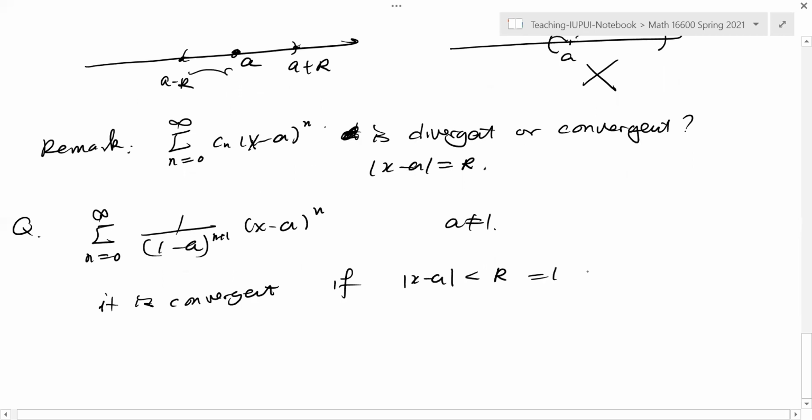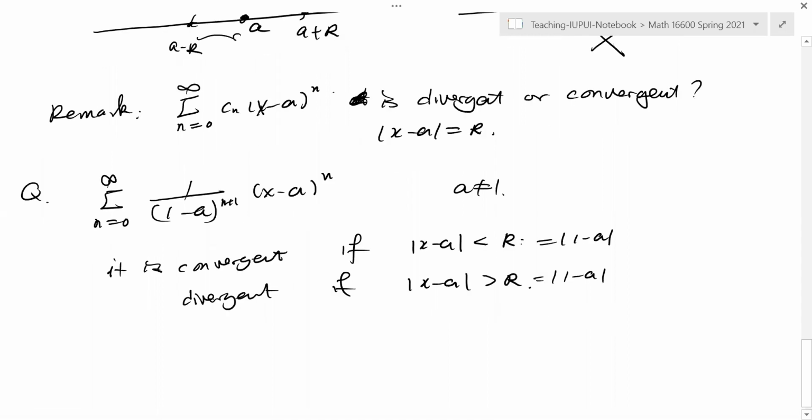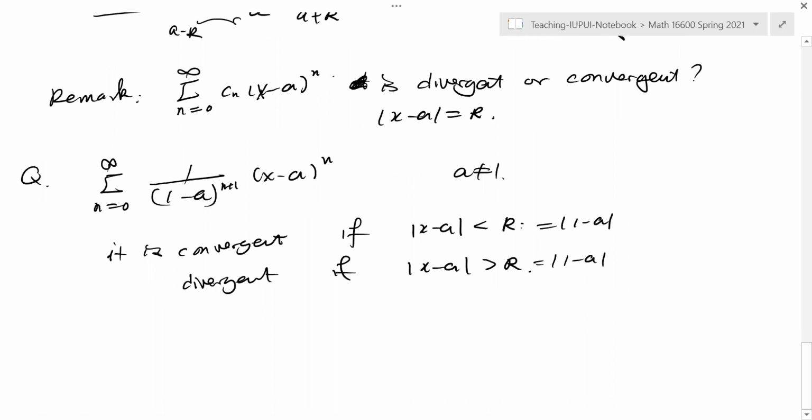R is the absolute value of 1 minus a. And divergent if this is greater than R. And how about when it's equal to R? I think it's also divergent, but we can take a look. So we get the radius of convergence.